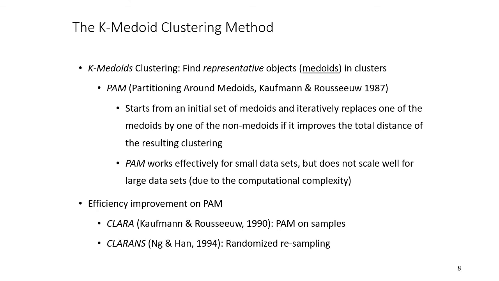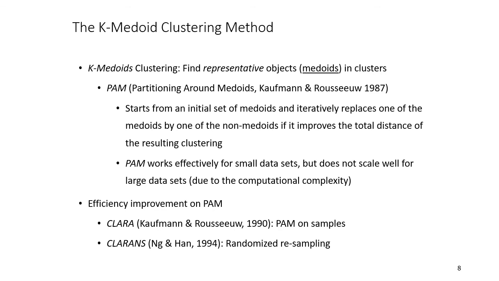If we talk about some efficiency improvements on PAM, we have two algorithms, basically CLARA and CLARANS. CLARA is basically PAM on samples. So instead of the whole database, what we do in CLARA is take samples and perform PAM on the samples.